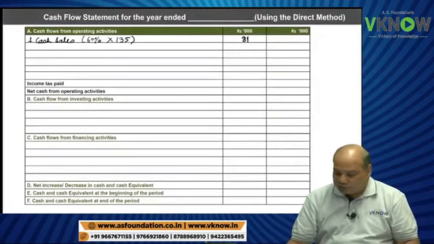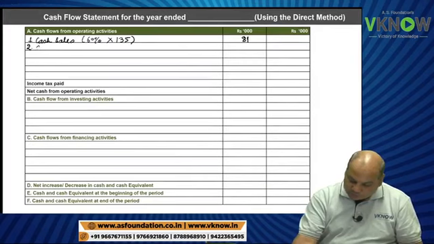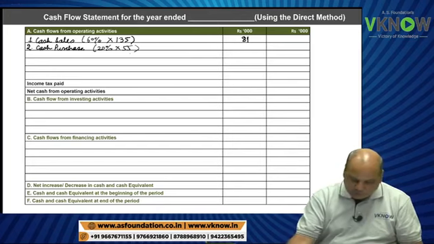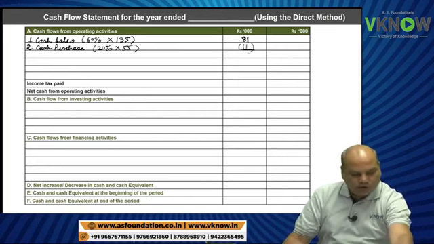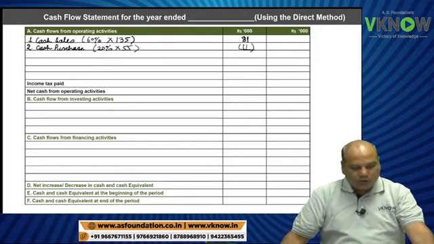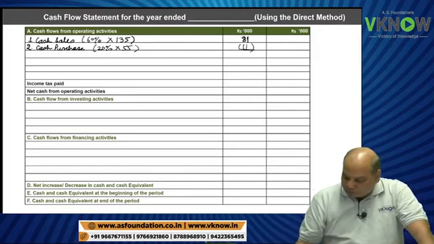And then what I will do? Cash purchase will be 20% of 55. That is 11 in the outer column. Okay, next line.